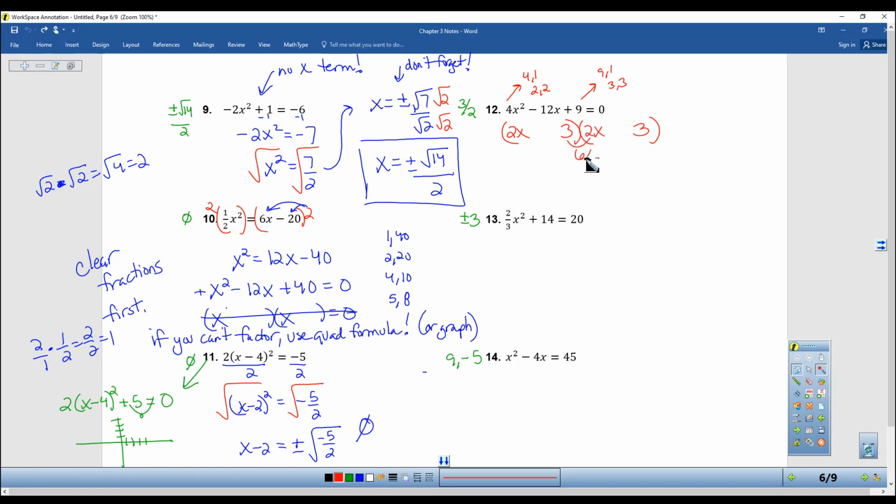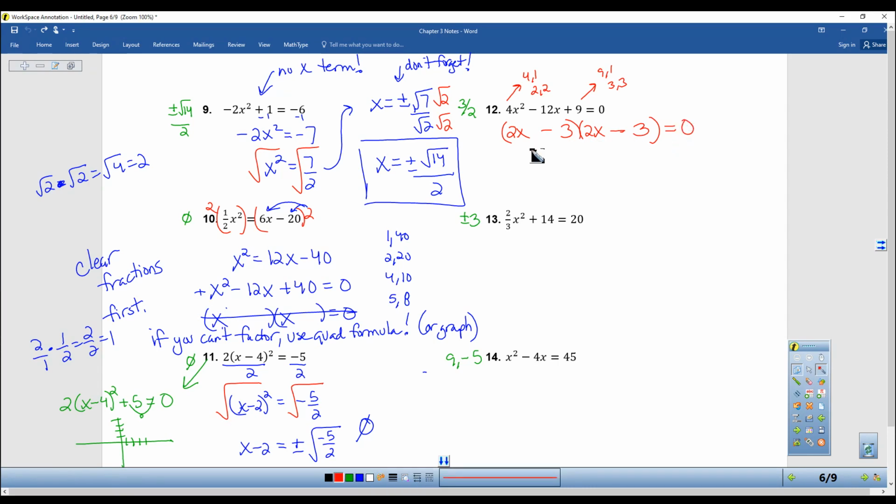That gives me 6x and 6x. I'm trying to get a negative 12x, which I could do if these were both negative. For those to be negative, these would have to be negative. And a negative 3 times a negative 3 does make a positive 9, so I feel good that I factored correctly. No excuse for getting factoring wrong. Equals 0.